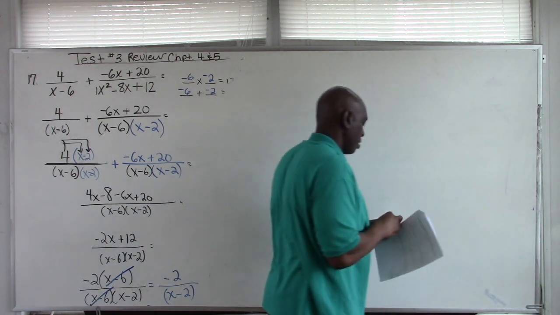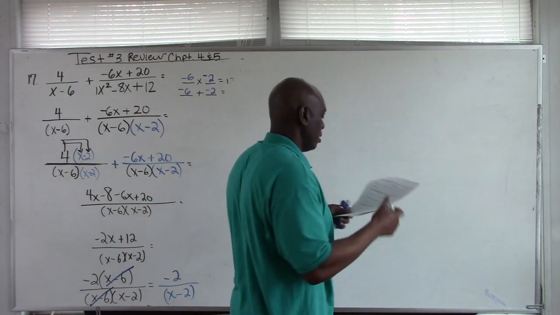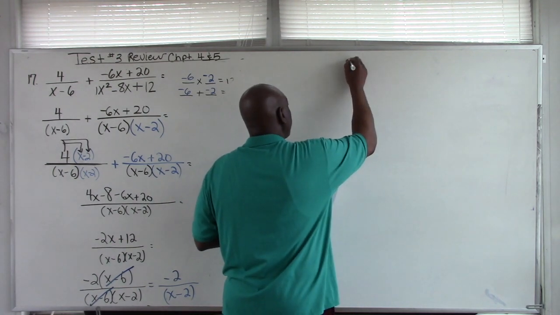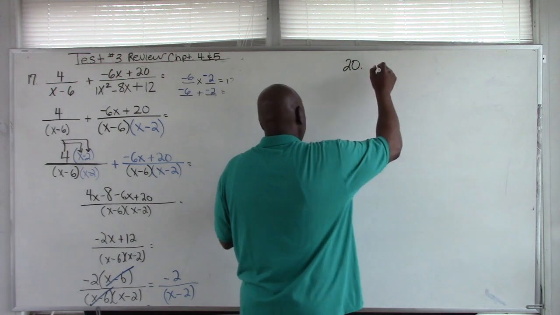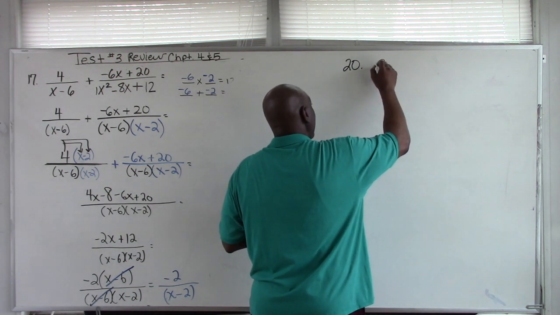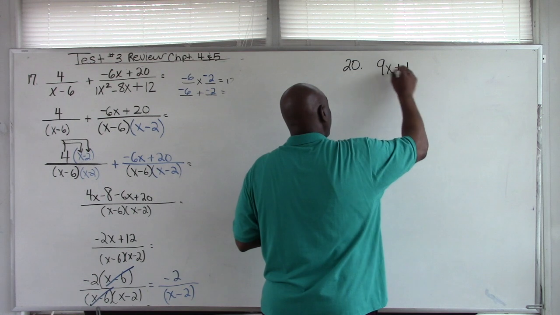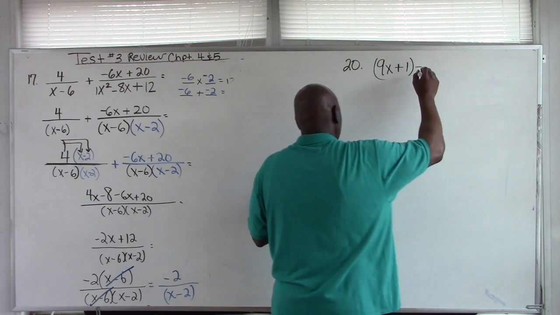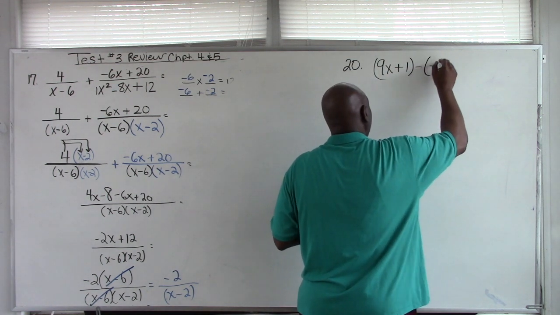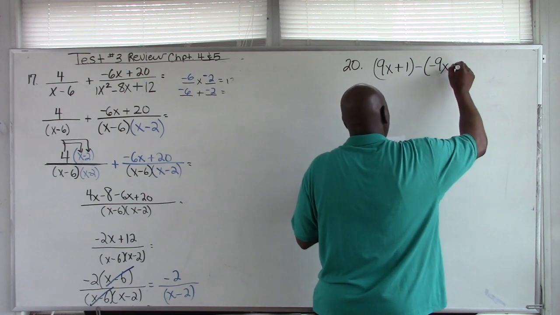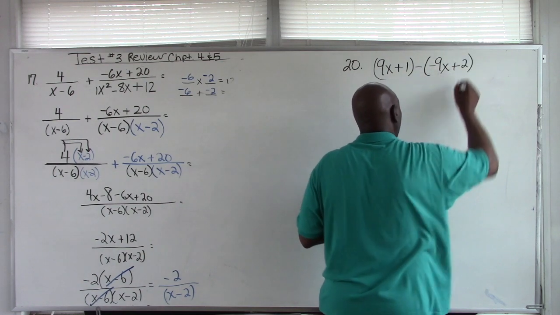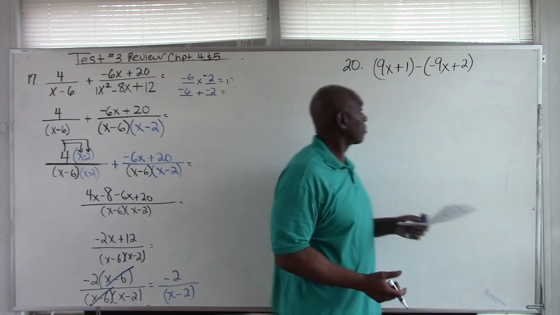Okay, here we go, 20. We have 9x plus 1 minus negative 9x plus 2. We just did one like this.